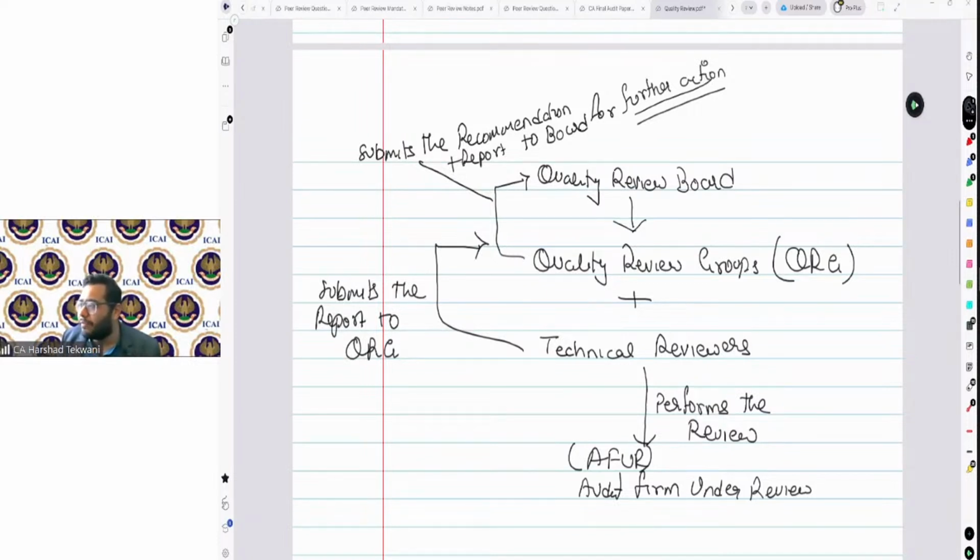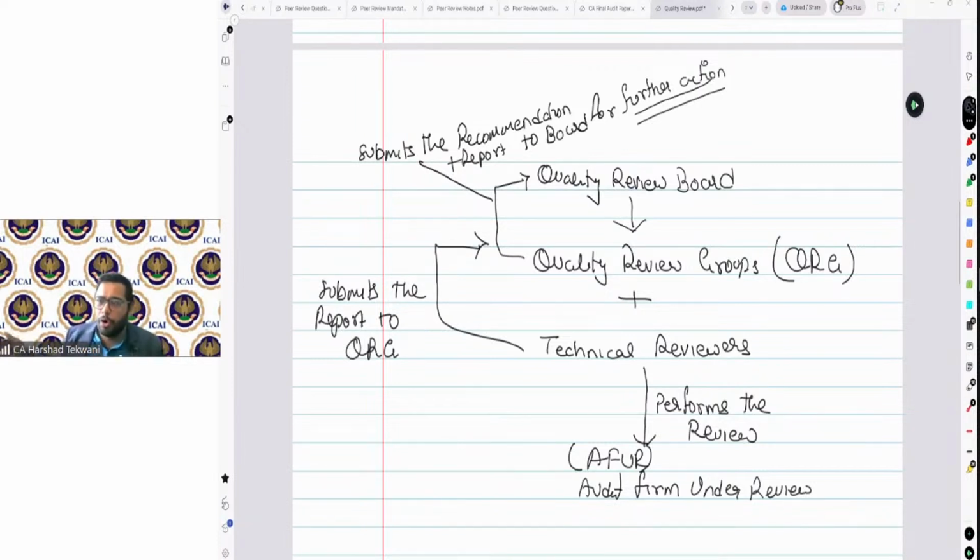When I talk about peer review, it is not performed to highlight the issues, to pinpoint the issues and to punish, you can say, the firms. It is for the improvement of the firms, the quality, and various aspects with respect to the assurance engagement.